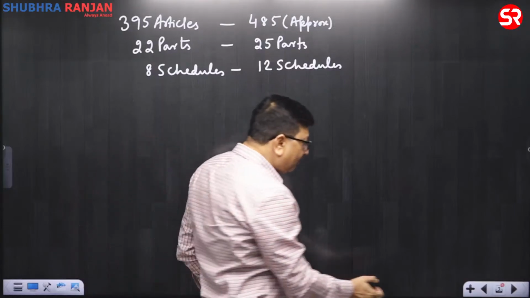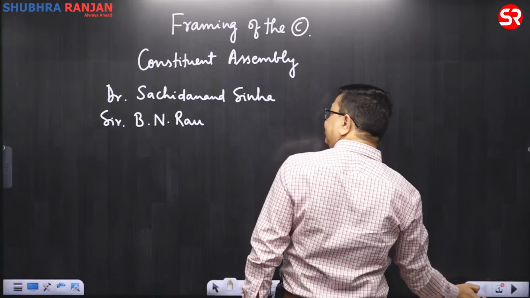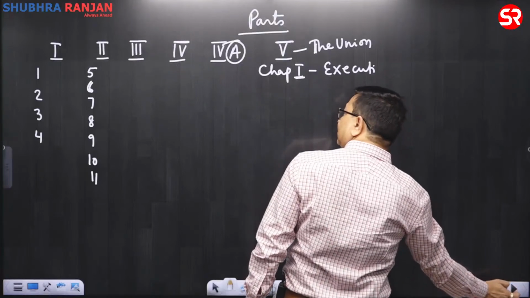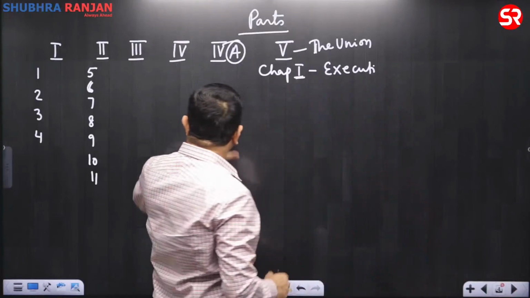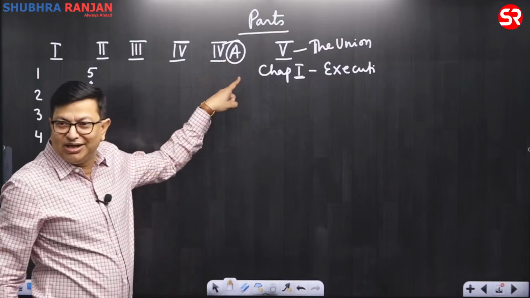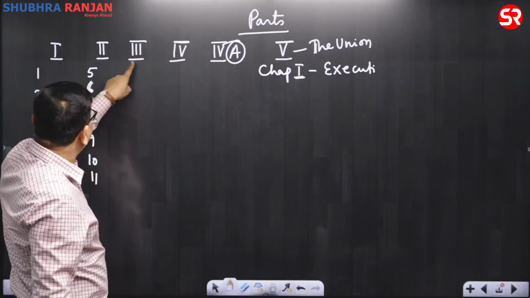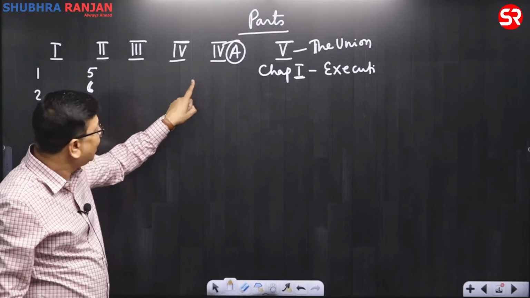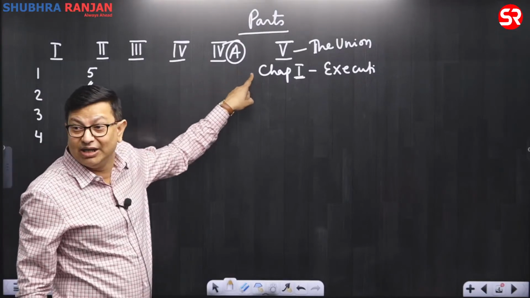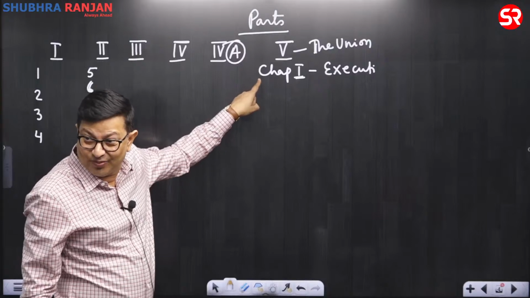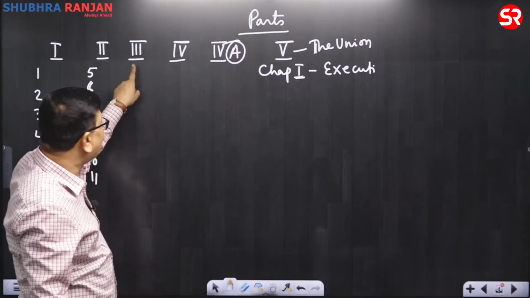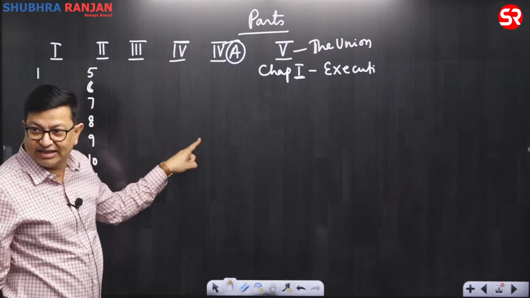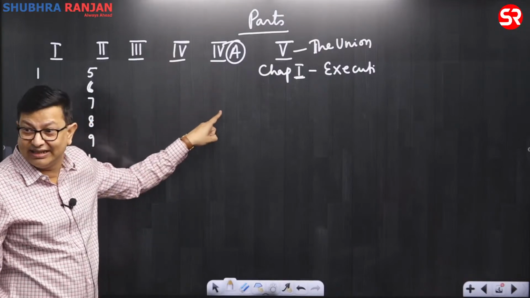Similarly, if you talk about 4A, fundamental duties: here fundamental rights, directive principles of state policy, and then 4A, fundamental duties. So the correlation is: rights of the people, the duties of the state and the duties of the citizens.